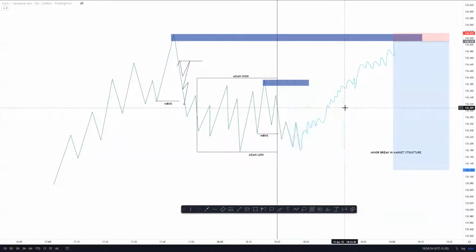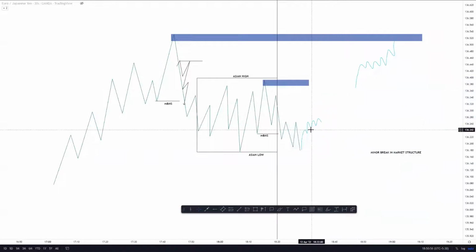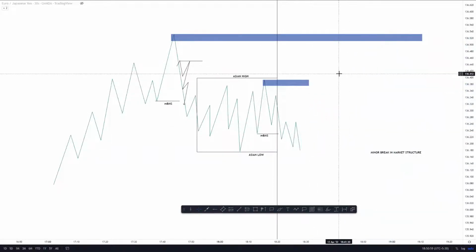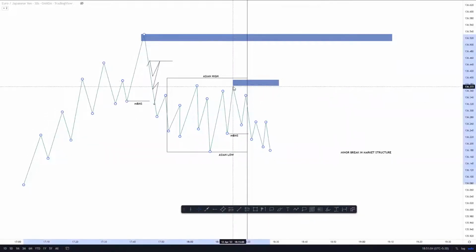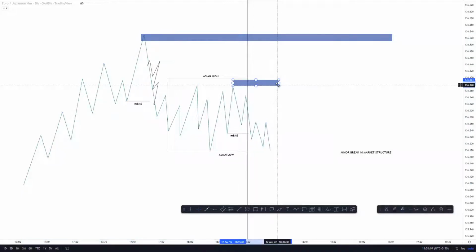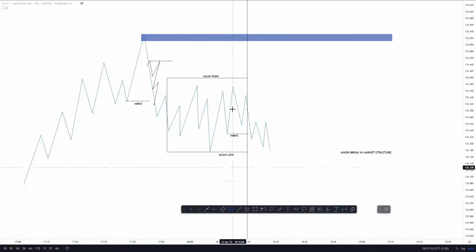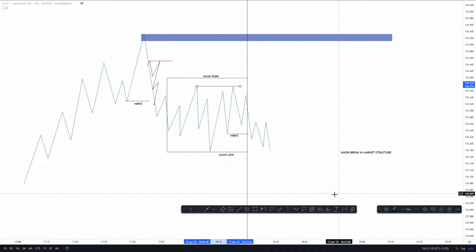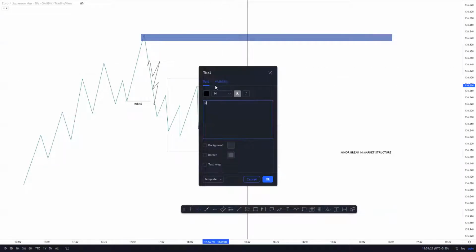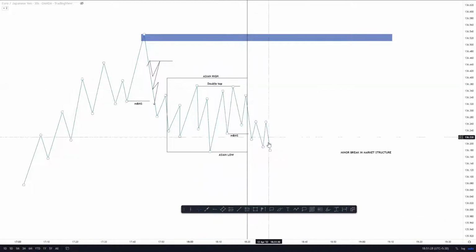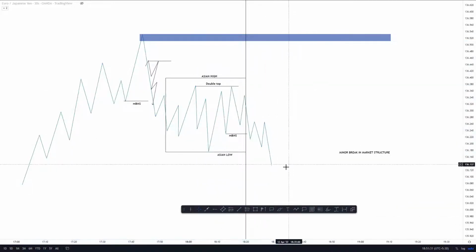Okay, and another thing I do, like for instance, price has made some kind of double top structure during Asian session, and it has taken out Asian session low.